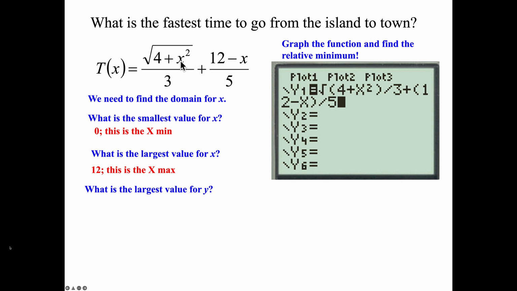So 12 squared, then take its square root, would be 12. So 12 plus a little bit more of a decimal, that's going to be approximately 4. So let's say the largest value for y will be 5. That should cover everything.